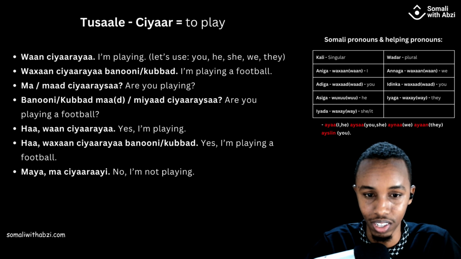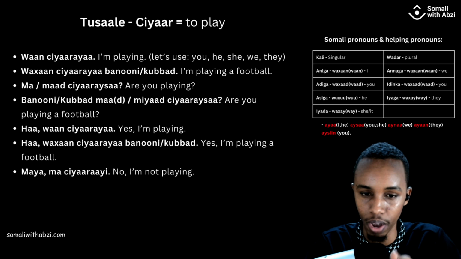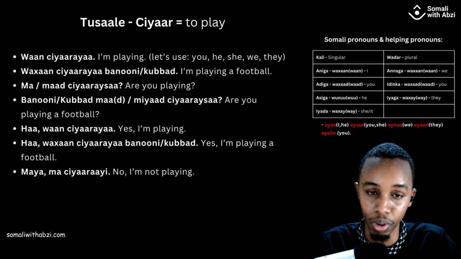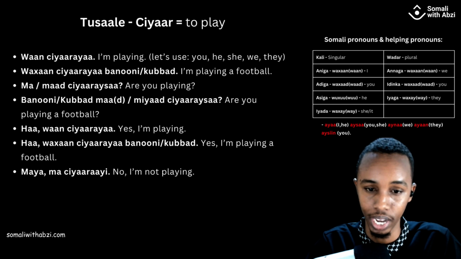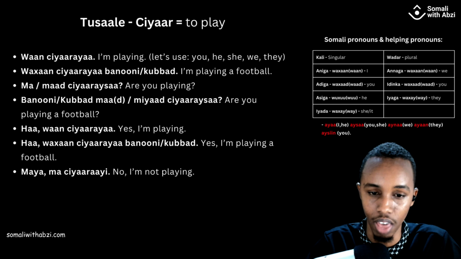Waan is for short sentences without something at the end of the verb, like I'm playing, nothing at the end. And waxaan is for a sentence which is long, basically a complete sentence. So waxaan ciyaarayaa banooni, or waxaan ciyaarayaa kubad. Banooni or kubad mean football in Somali, and banooni is useful in southern Somalia, koofur Somalia. Kubad is very useful in northern Somalia, waqooyi Somalia.